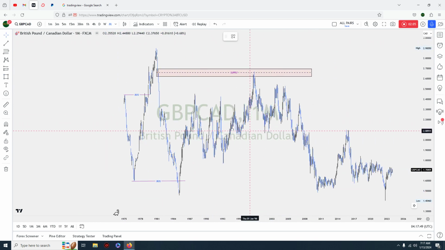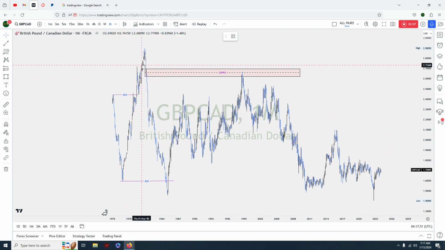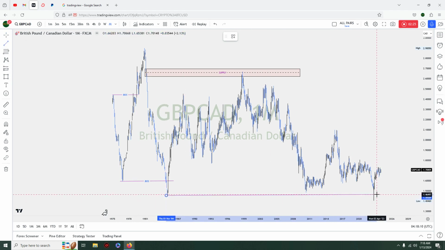So what we are seeing is that we had a break of structure pushing to the upside. Then the market came down, broke the previous low, formed a new low, and then the market had a correction, didn't break the upside. So we know that it's beginning to print a bearish outlook. And one thing you will notice is that once we formed this low, the market has been testing this low.